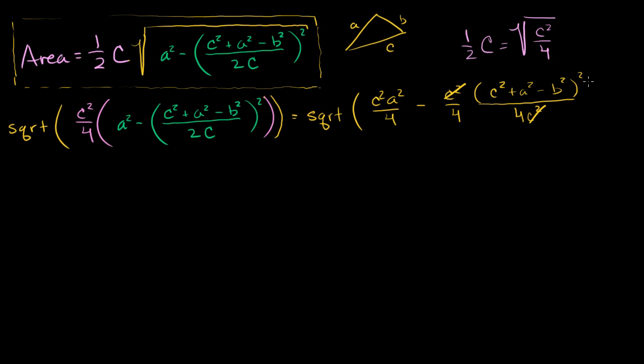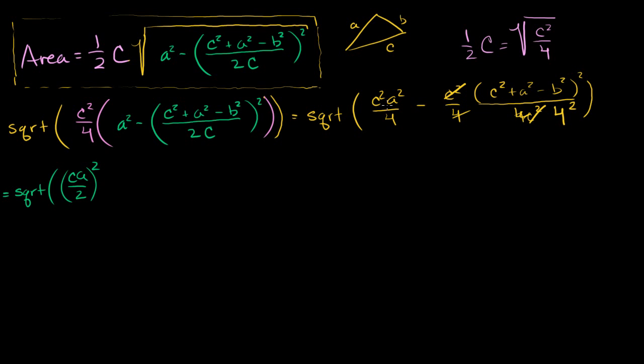Let me close all of the parentheses just like that. And of course, this 4 times that 4 is the same thing as 4 squared, and instead of writing 16, you'll see why I'm writing that. Now this I can rewrite as the square root of ca over 2 squared.